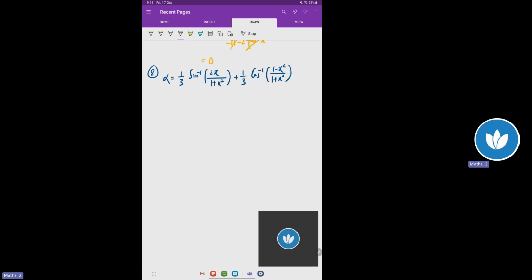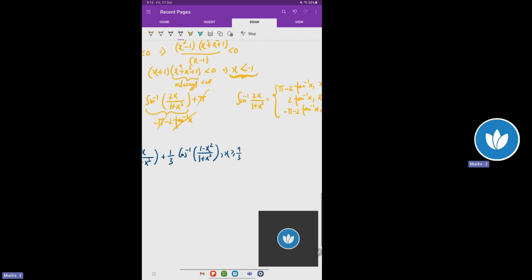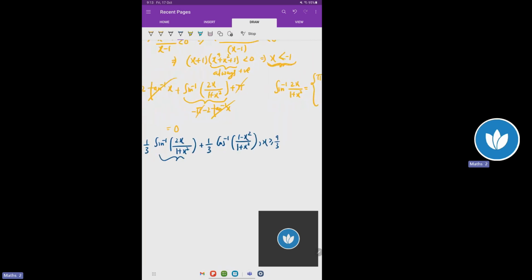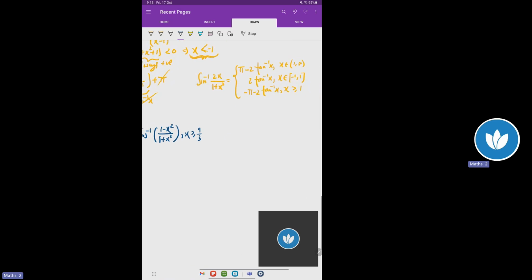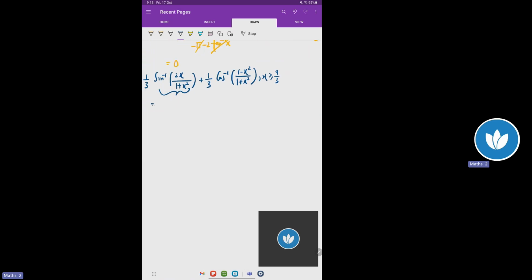What they are saying, x is greater than or equal to 4 by 3. So obviously x is greater than or equal to 1. We just have seen what this can be written as in case of x greater than or equal to 1. This can be replaced by this. So 1 by 3 into (pi minus 2 tan inverse x) actually.